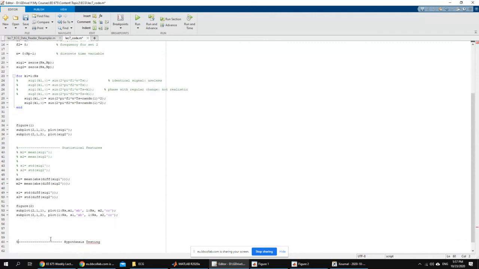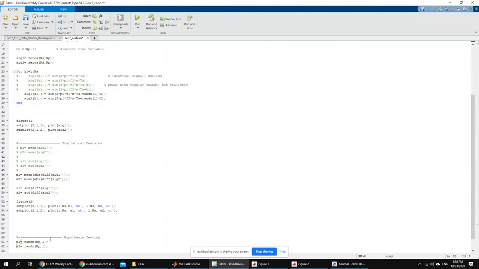So let's have x1 and x2, for example. x1 is equal to randn of NP and 1. If I use just NP, it's going to give me an array of NP times NP. I want an array of NP times 1. And x2 is equal to randn of NP and 1 also.